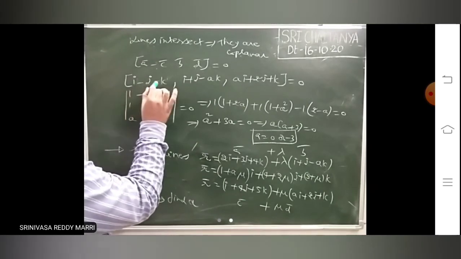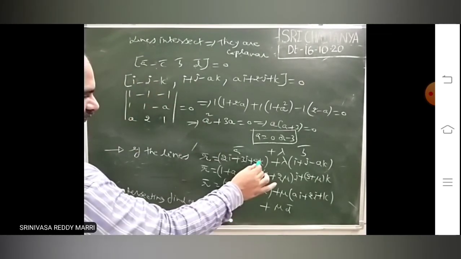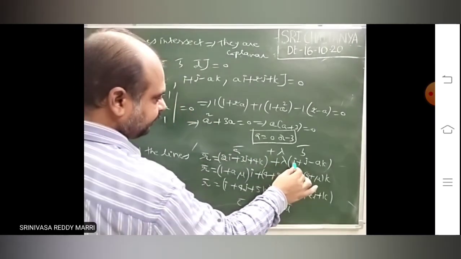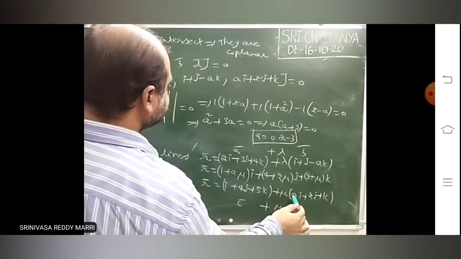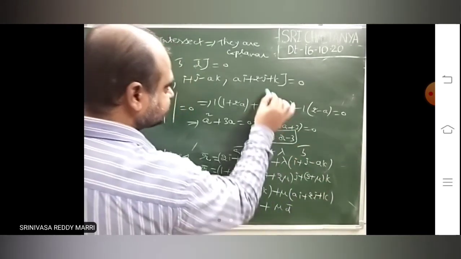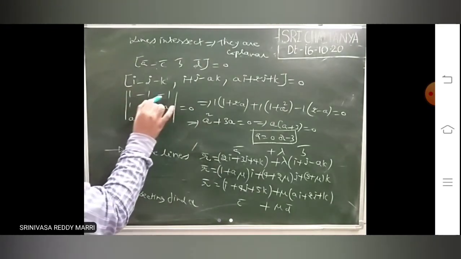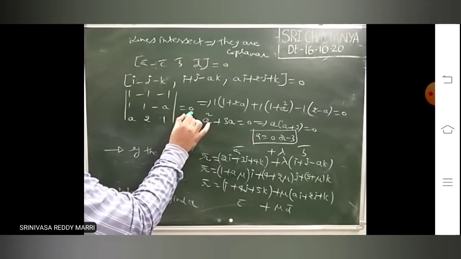So i, 3j minus 4j is minus j, 4k minus 5k is minus k, and then b bar is i plus j minus ak, and d bar is ai plus 2j plus k. This determinant equal to 0: 1, minus 1, minus 1; 1, 1, minus a; a, 2, 1 equal to 0.